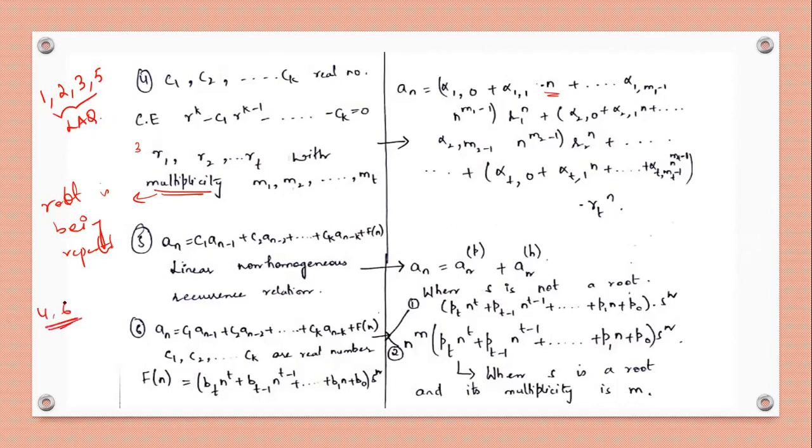So theorem 4 and 6 are not very common for LAQ. While problems based on theorems 1, 2, 3 and 5 are very important. That is, if you are getting a question from unit 3, there is an 80% chance that you will get one of these problems. Okay. So this recurrence relation solution is very important.